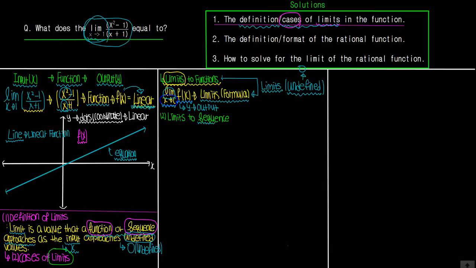The definition of a sequence is a set of numbers in a particular or specific pattern, increasing or decreasing in the same pattern with the same equation. So what is the formula when you apply our limits to our set of numbers, which we're going to call the sequence values?